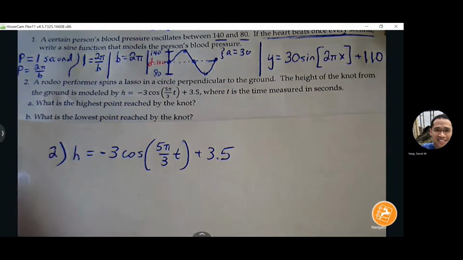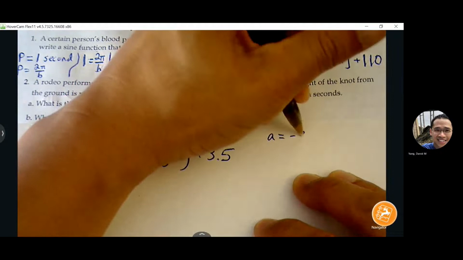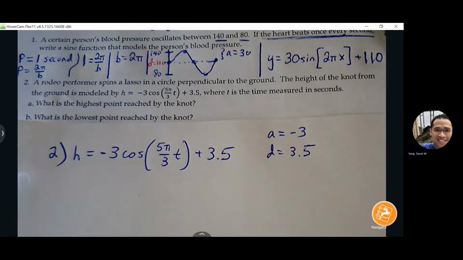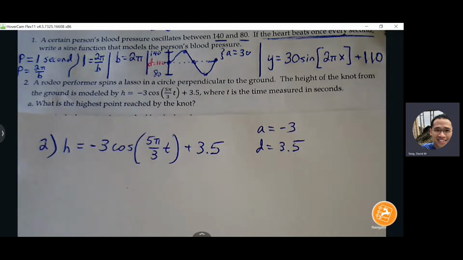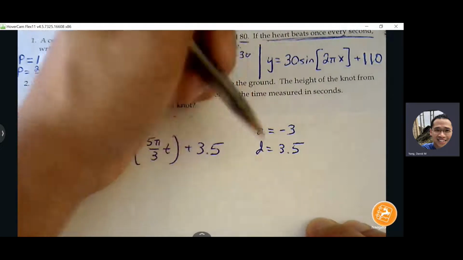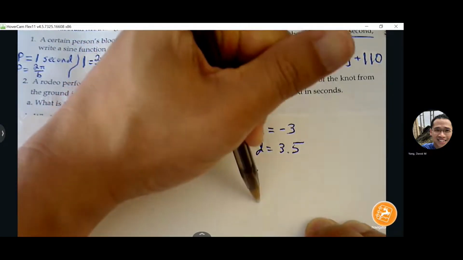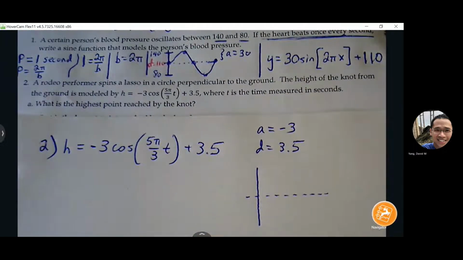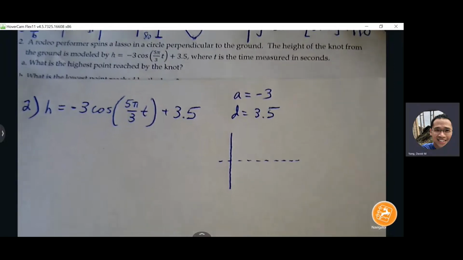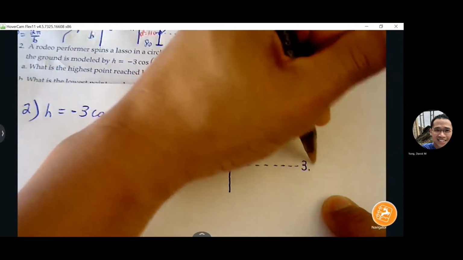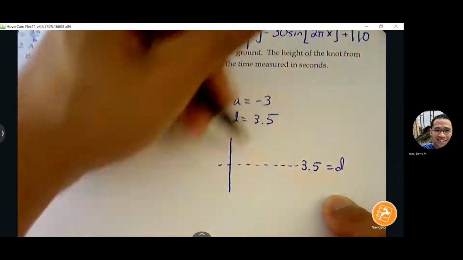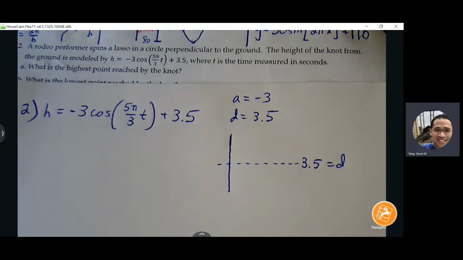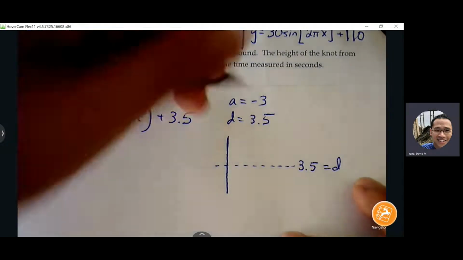We'll worry about the period and all that later, but we can just do a quick sketch of the graph. My midline is 3.5. So if I take my A value into account, what's going to be my highest point?